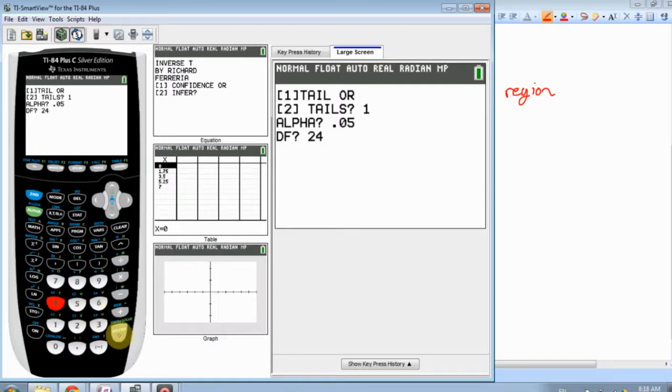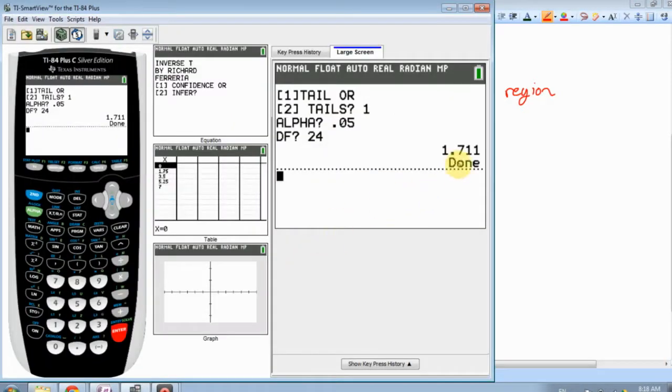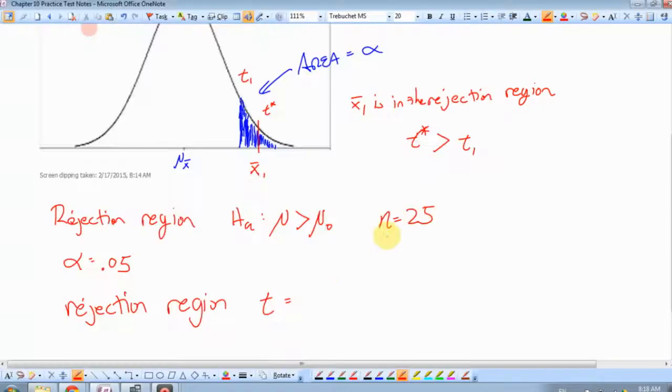Let's just put that post hoc at 24, so n equals 25. So the rejection region is t greater than 1.711.